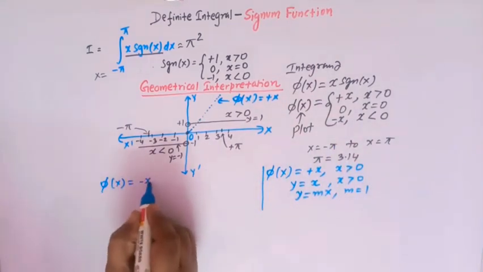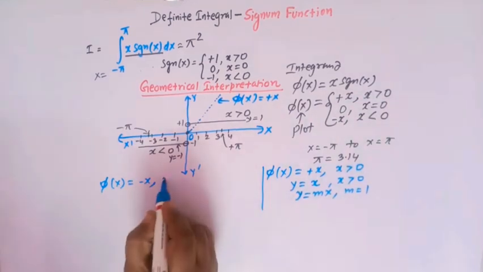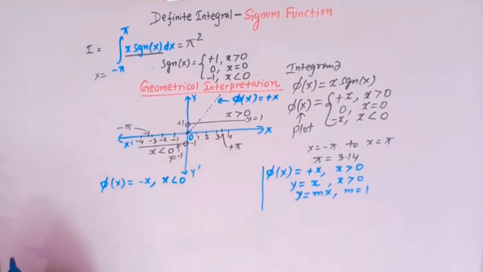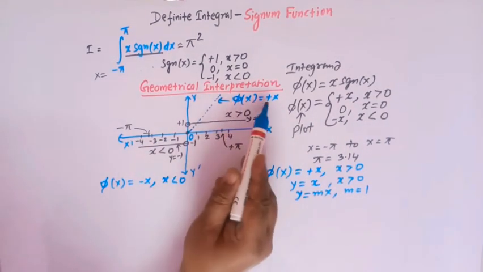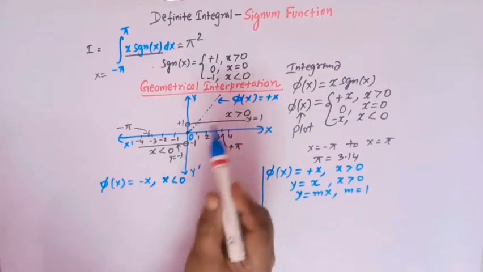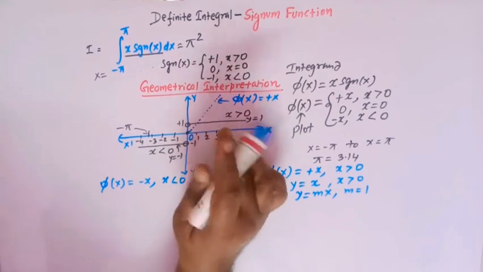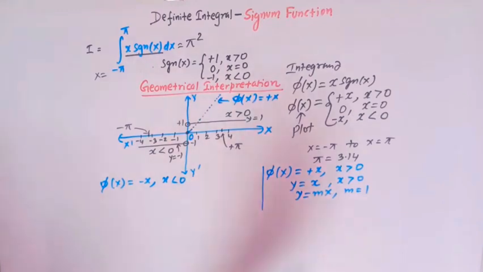And now let us consider phi of x is equal to minus x, where x is less than 0, right? So phi of x is equal to positive x will lie in the first quadrant because x is greater than 0.